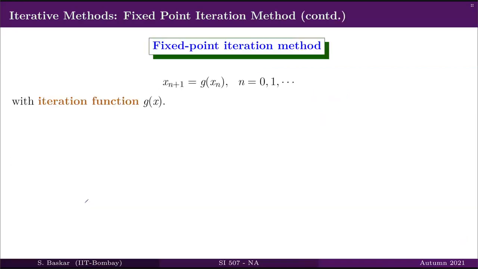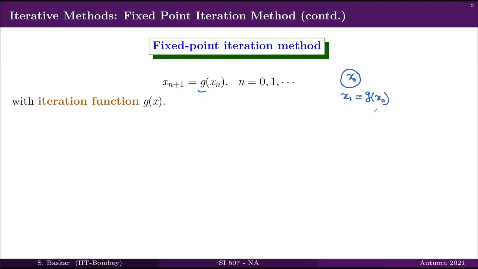How to do that? Well, once you choose a g from your original equation f of x equal to 0, then the idea goes more or less the same as the Jacobi method. You first start with an x naught arbitrarily and find g of x naught and call it x1.